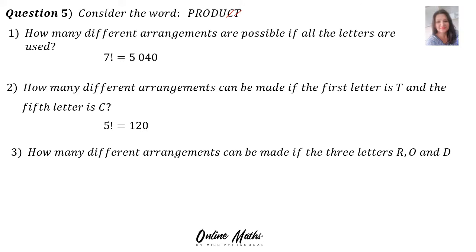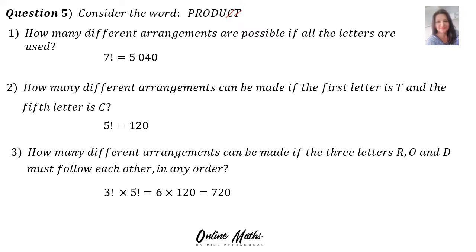Question 3. How many different arrangements can be made if the letters R, O and D must follow each other in any order? Now the answer is 3 factorial, and the 3 factorial comes from the letters R, O and D. Then it's times 5 factorial. Now where does that come from?